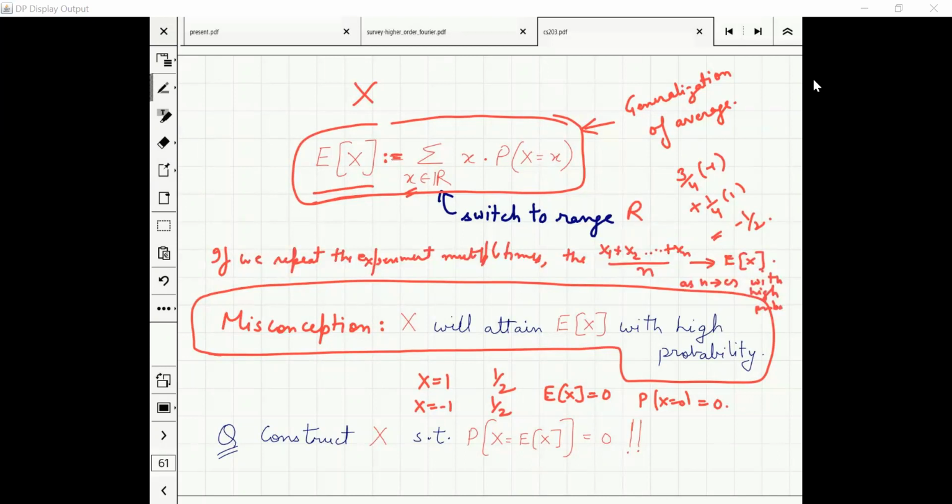If we repeat the experiment a lot of times, then with high probability, we will get something which is close to E of X. Remember. And we will do 2-3 theorems which capture this intuition.